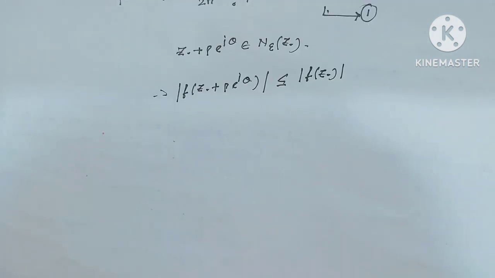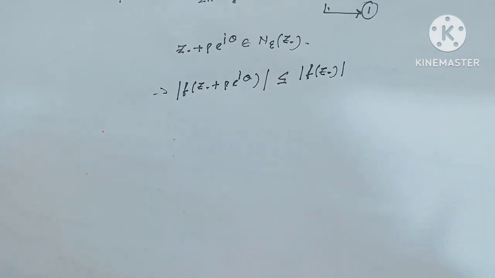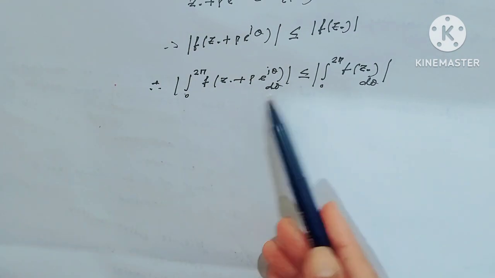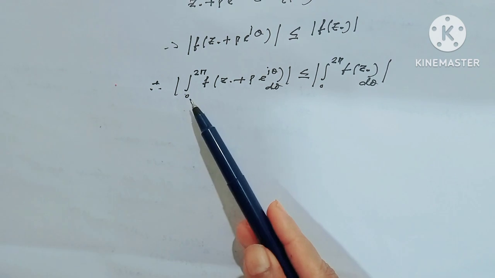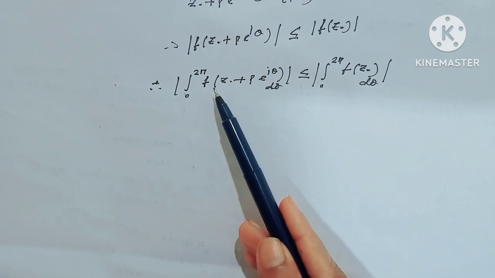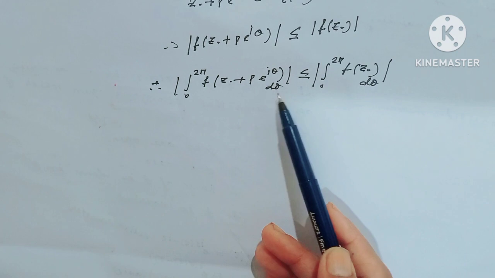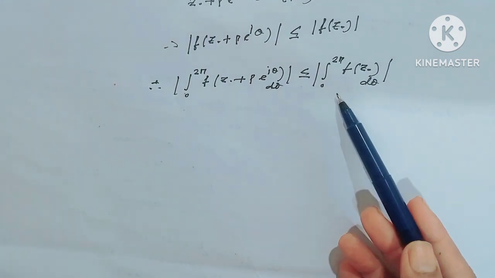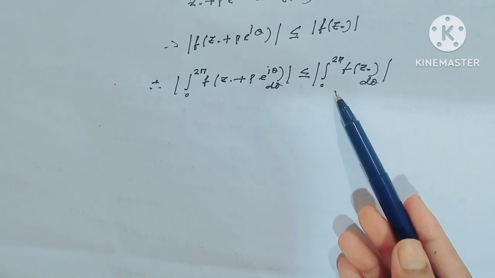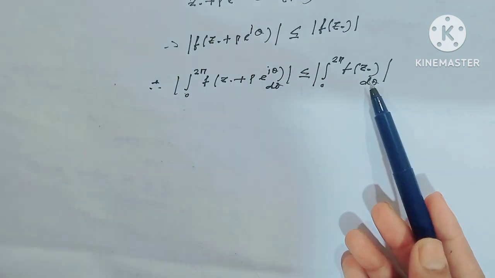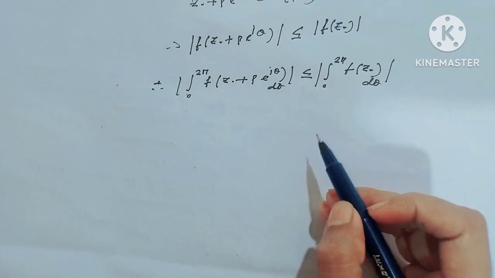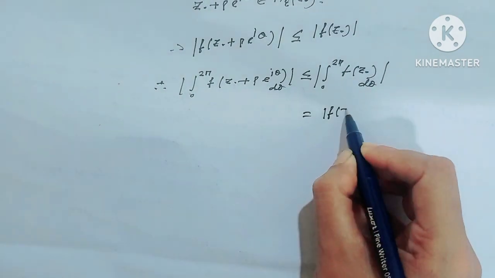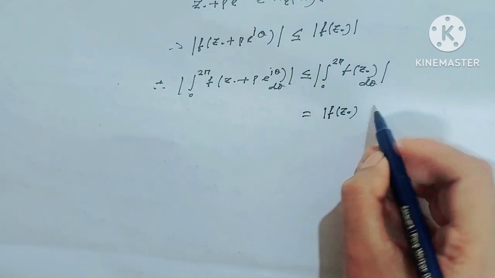Now if we integrate both sides, then the absolute value of the integral from 0 to 2 pi of f(z0 plus rho e to the power i theta) d theta is less than or equal to the integral from 0 to 2 pi of the absolute value of f(z0) d theta, and this value would be equal to the absolute value of f(z0) times 2 pi.